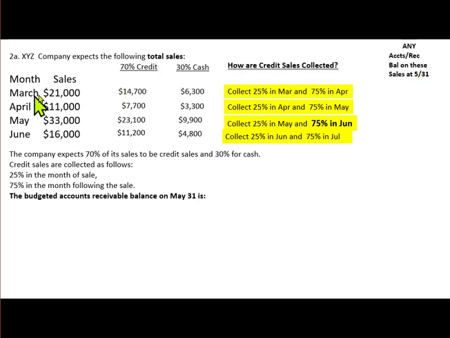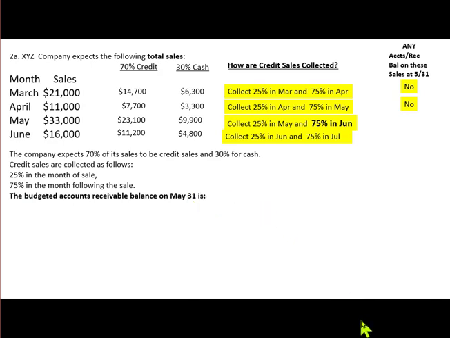For March, the answer is no, because all of March's sales will be collected either in March or April. Let's go on. For April sales, all the April sales will be collected either in April or in May. And now we're looking for the budgeted accounts receivable balance on May 31st.